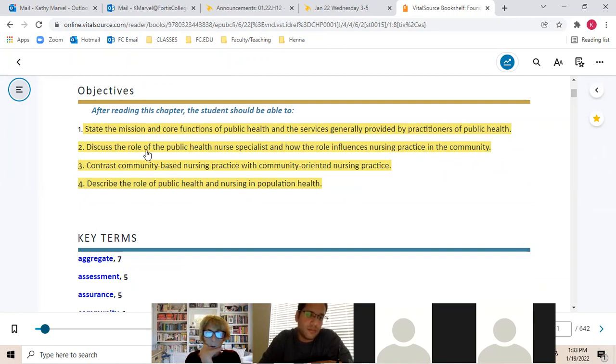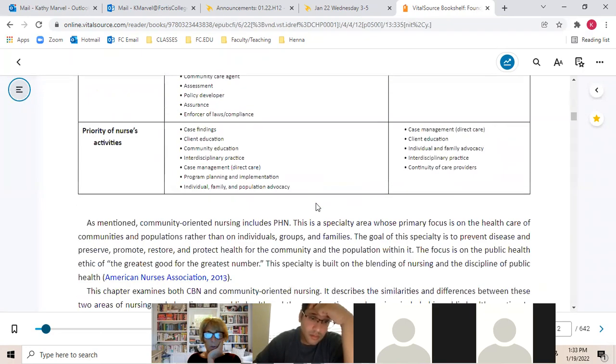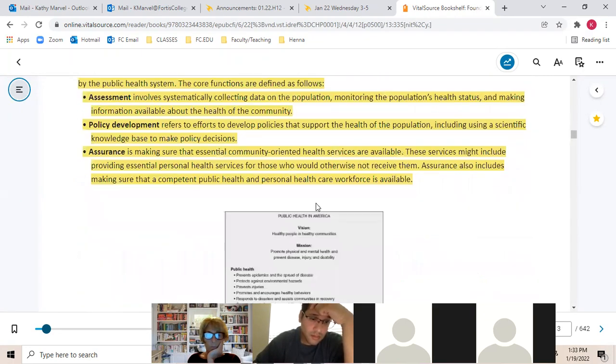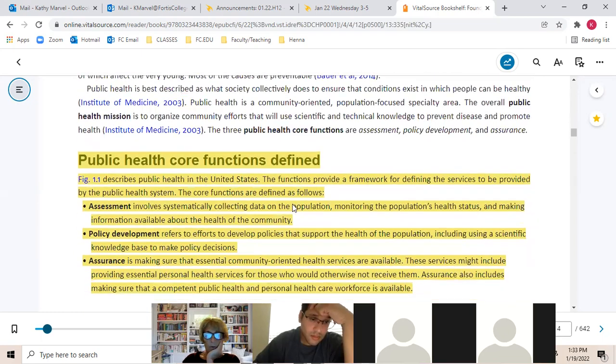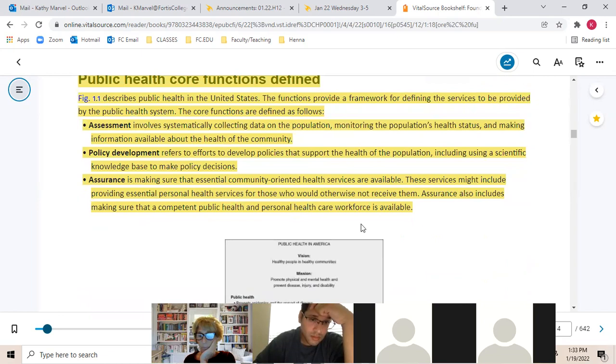So let's go to the book and find what the core functions are. If you don't understand, if you need more information, you can go to core functions right here, page 4.